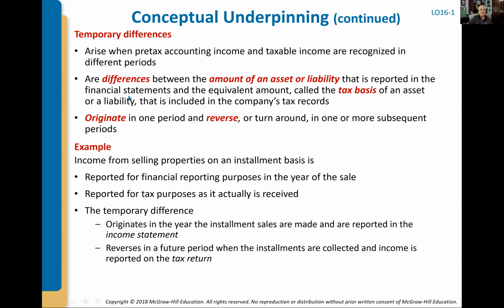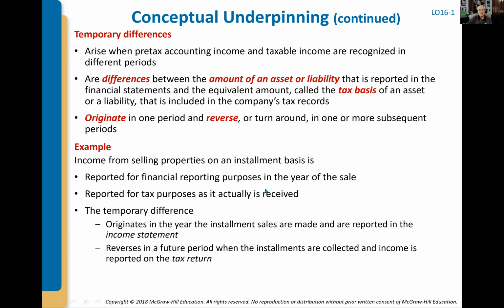Differences that originate in one period reverse, or turn around, in a future period, like that $30,000 warranty expense that originated in year one, but that difference reversed when the $30,000 appeared on the tax return in years 2 and 3 in our example.